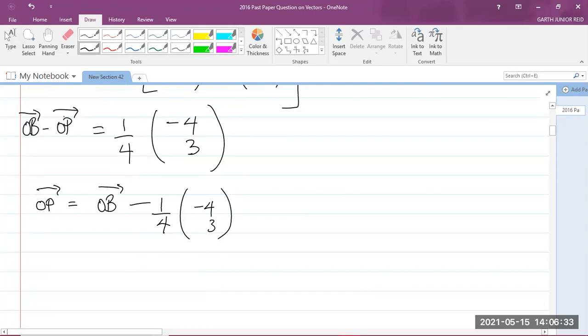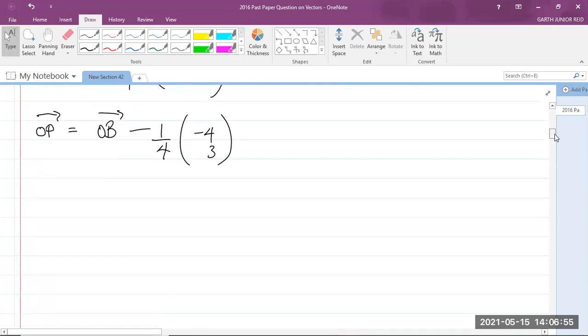If I put the vector OP to the right-hand side, it will turn up positive, and I can carry this 1 over 4 multiplied by this vector to the left-hand side. I will get vector OB minus a quarter times that vector. So that is what I have. Good. So let's now continue.